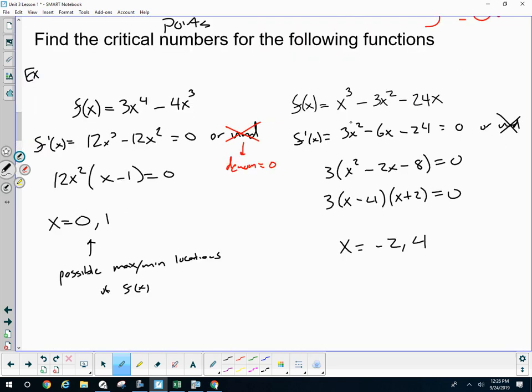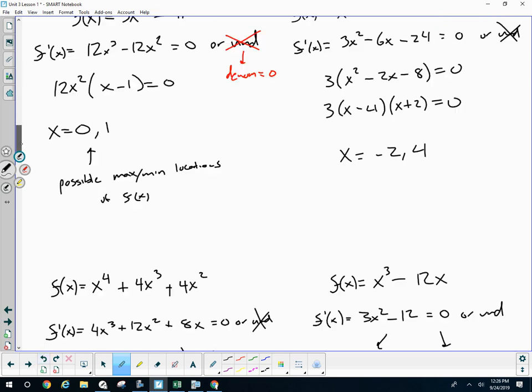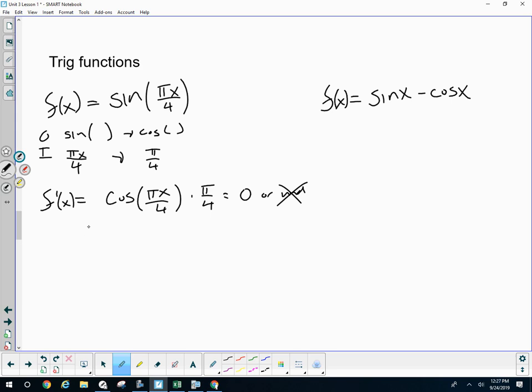I could have divided everything by 3, and this could have just disappeared on me. I don't like students to do that because sometimes x's will disappear on them. We don't want that to happen because you're eliminating some possible solutions. So I instead just like to keep things factored, or in this situation, just don't worry about it.